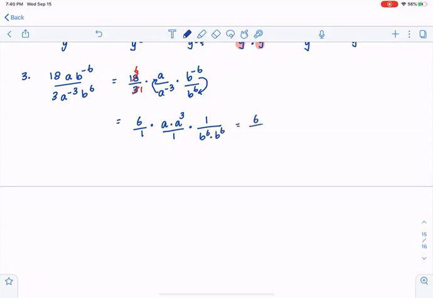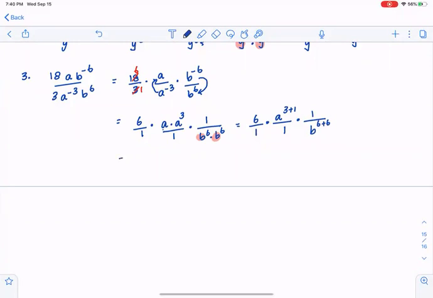So 6 over 1 multiplied by a times, well, the bases are identical. Add the powers, a raised to 3 plus 1. 1 over b and b identical. So b raised to 6 plus 6.